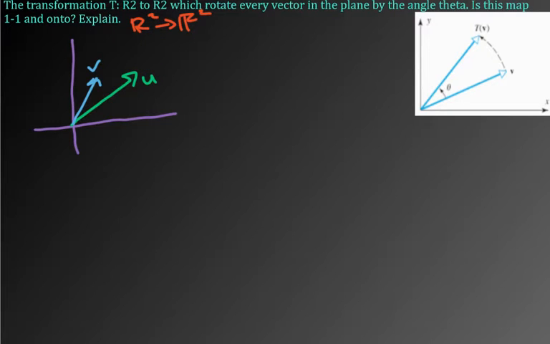So this vector right here is roughly U plus V. If you rotate U plus V by an arbitrary theta, certainly this is then going to be T of U plus V.